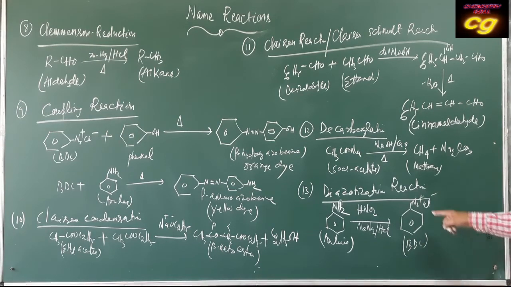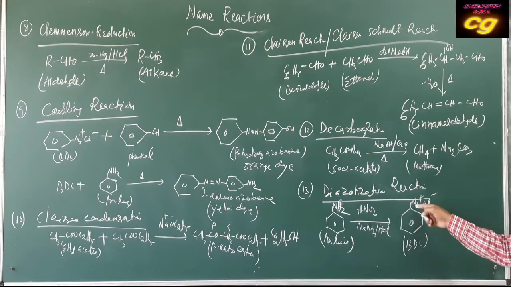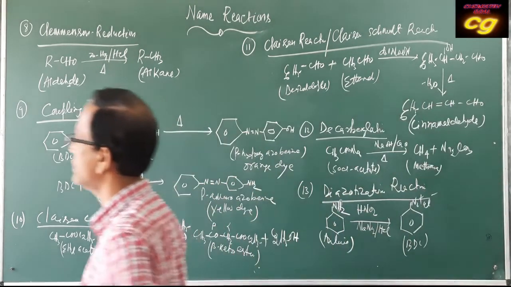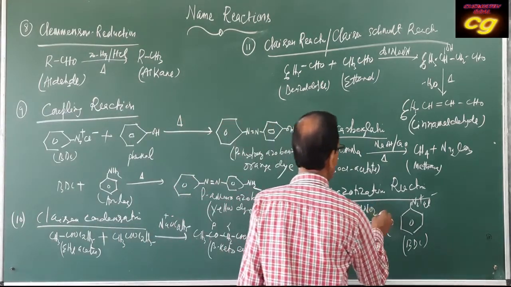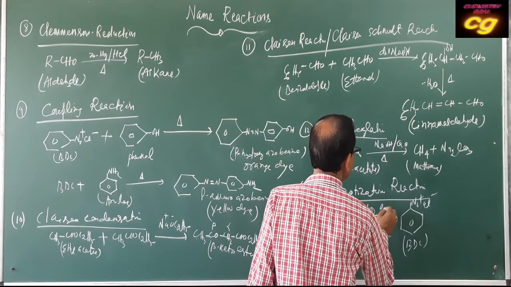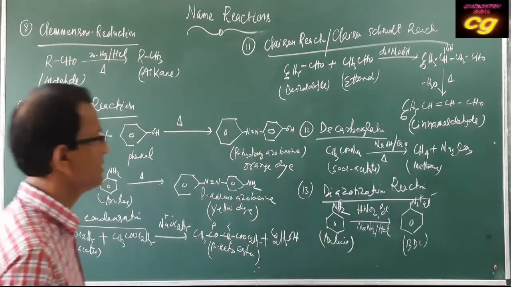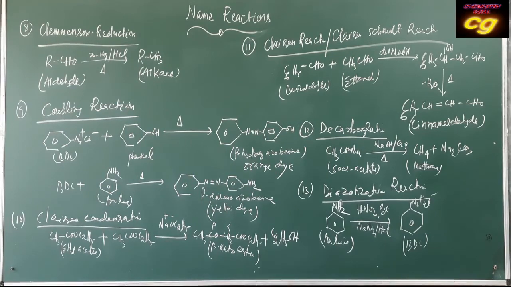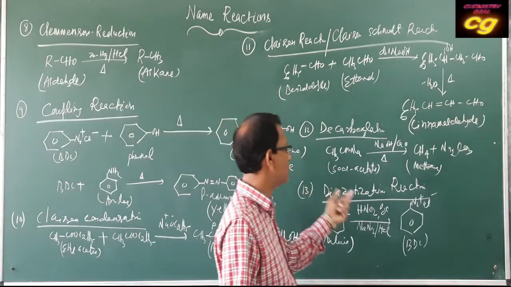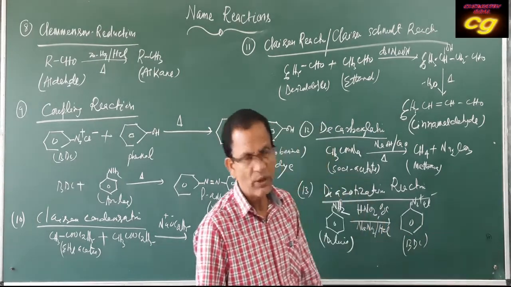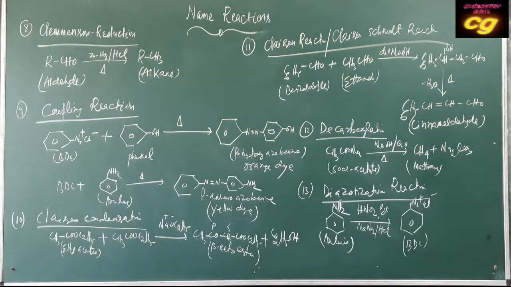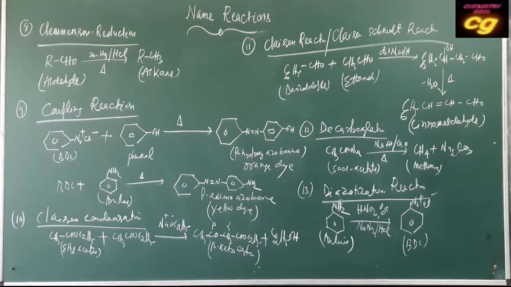In this reaction a diazonium group, the azo group, is formed. That's why it is called a diazonium salt. This reaction generally takes place at a very low temperature, around 0 degrees Celsius, because at a high temperature BDC is unstable. So this is called diazotization.